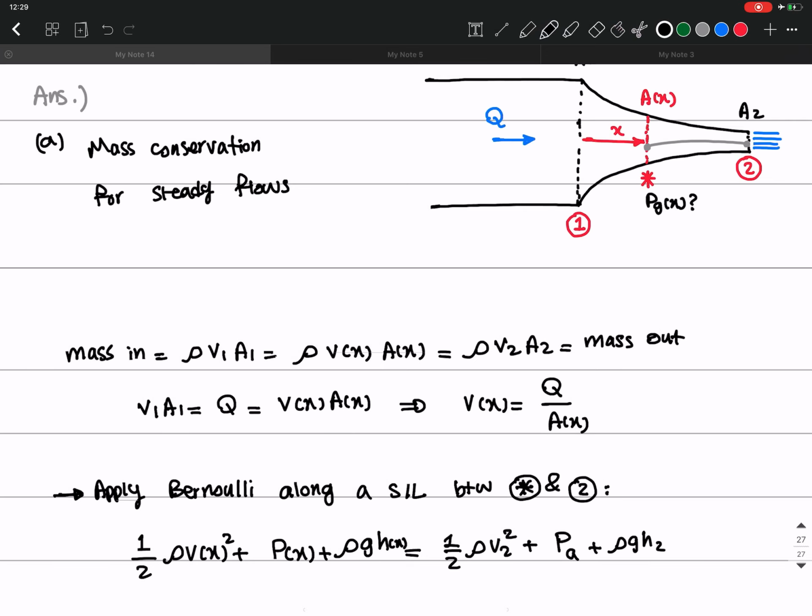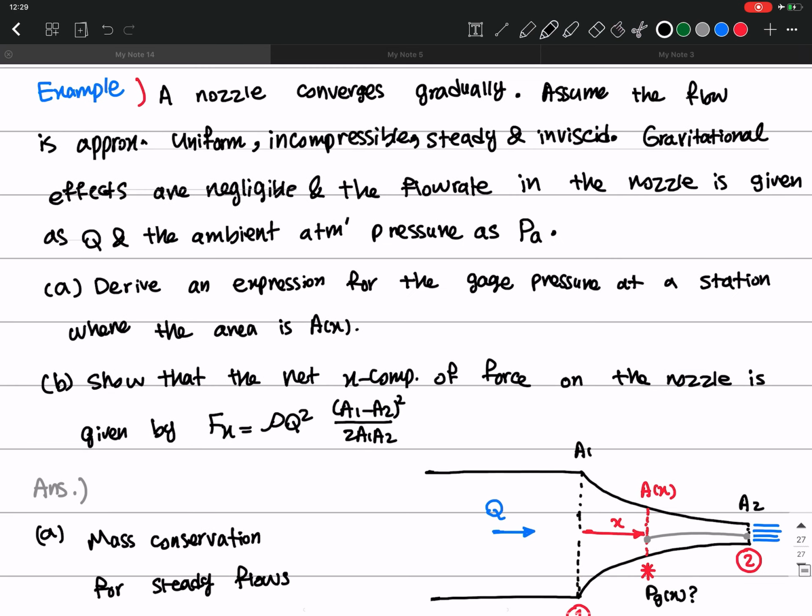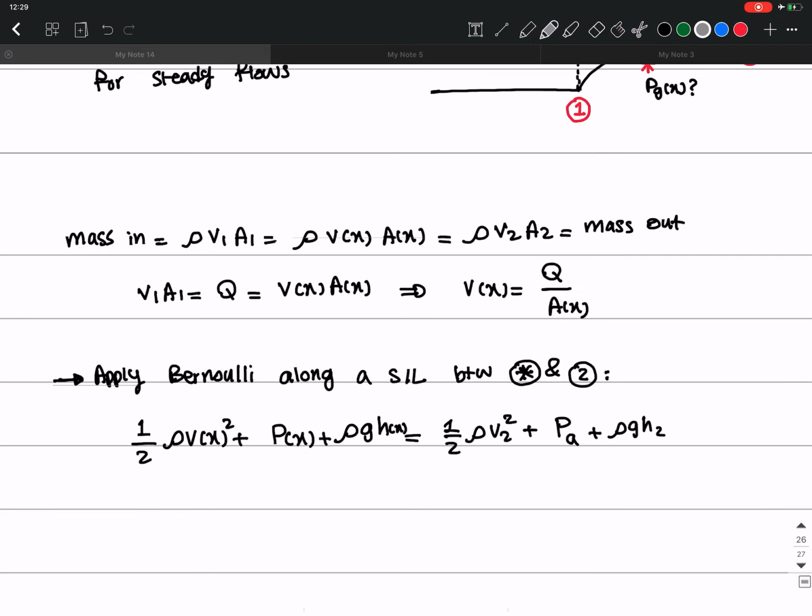But as the problem states, I can assume that the gravitational effects are negligible. So what this entails is that these terms are 0 because gravitational effects are negligible.